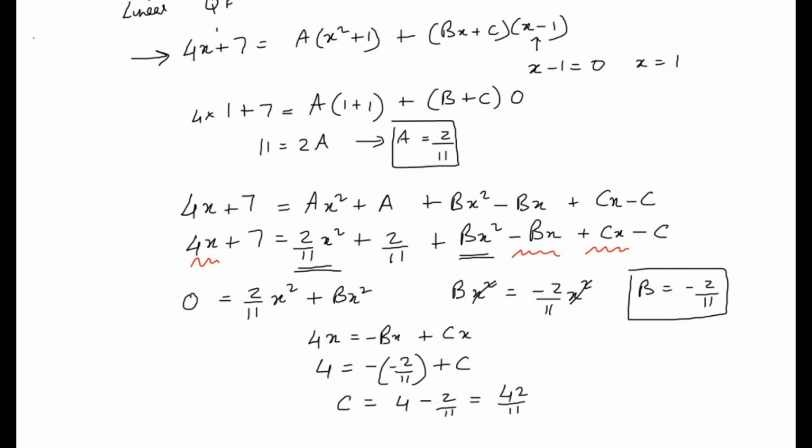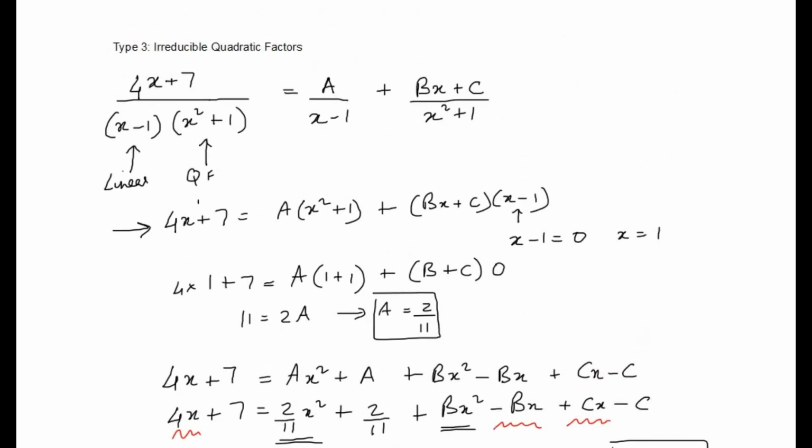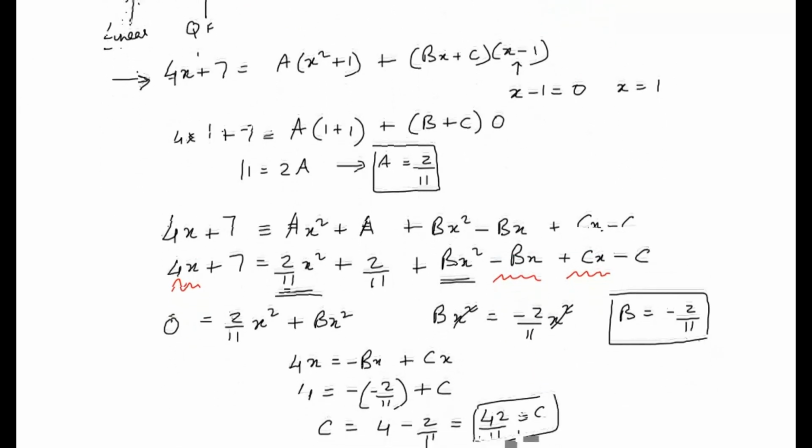So now that we have a, b, and c, we can substitute it back into our original equation. So a was 2 by 11, I'm putting it in here: 2 by 11 over (x minus 1) plus b is negative 2 by 11 and c is 42 by 11.